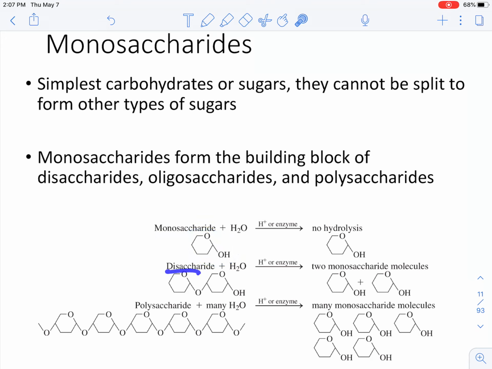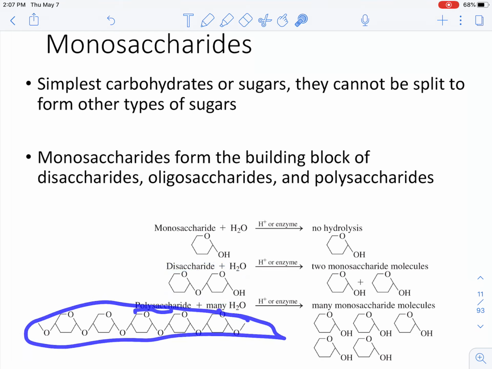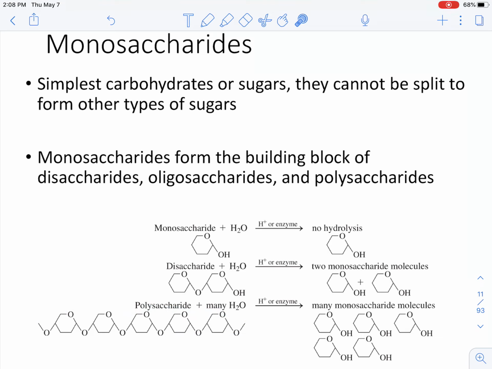For disaccharides, we have 2 units. For polysaccharides, we have many units of sugar molecules. We're going to talk about the characteristics and some of the features of monosaccharides, and then do the same thing for disaccharides, polysaccharides, and oligosaccharides. So that's basically how this chapter is broken up.